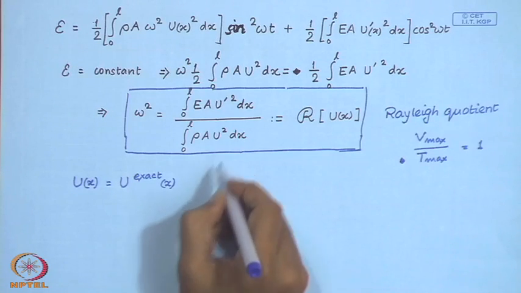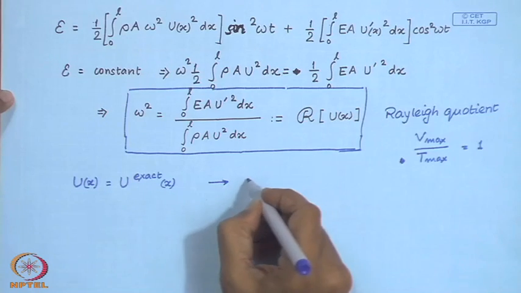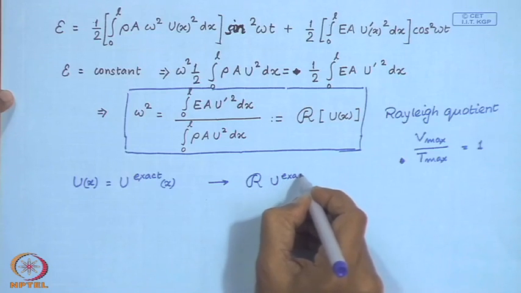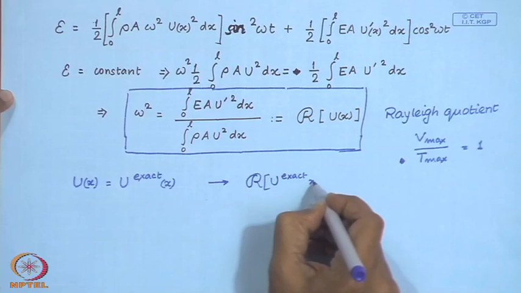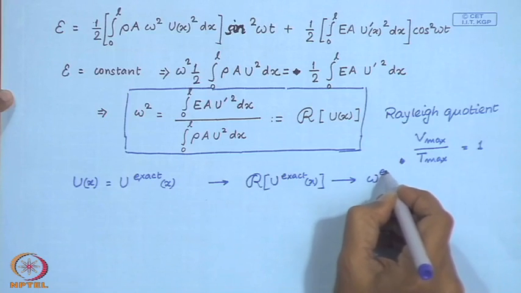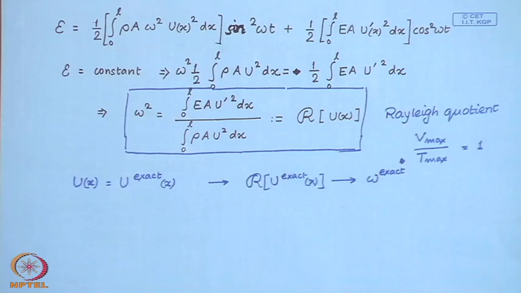In that case, if you put this in the Rayleigh quotient, what we will get is the exact circular eigenfrequency corresponding to that mode. But the problem comes because we do not know the exact eigenfunction.